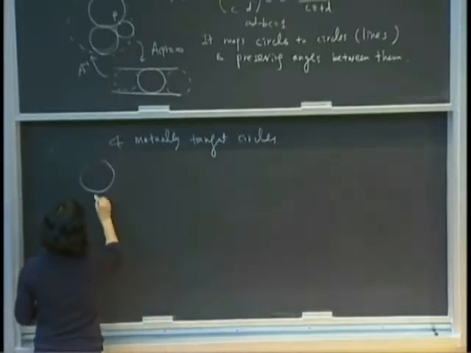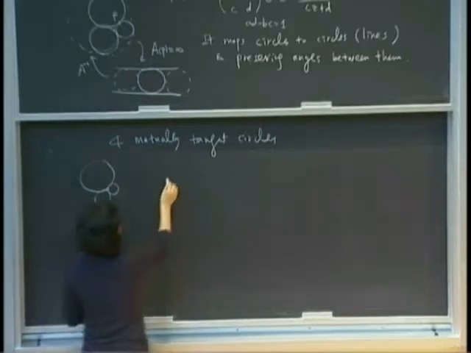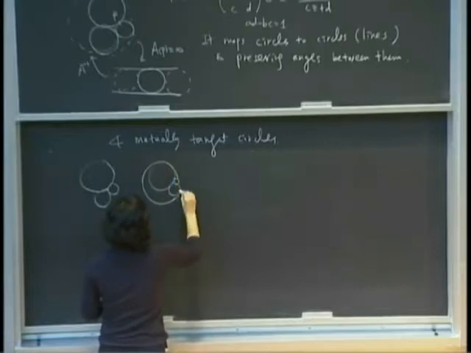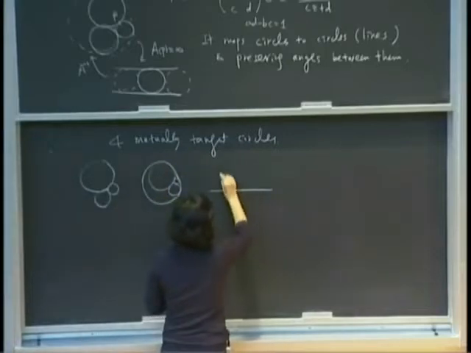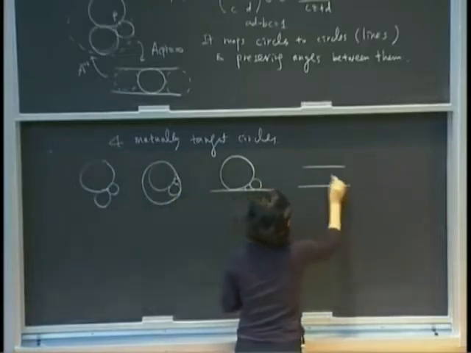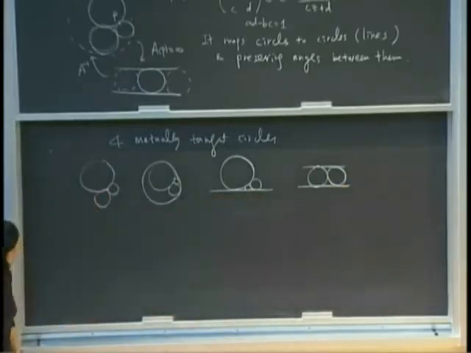We've already seen this one, or you can have this one, or this one, or also this one. Begin with any of these 4 mutually tangent circles.